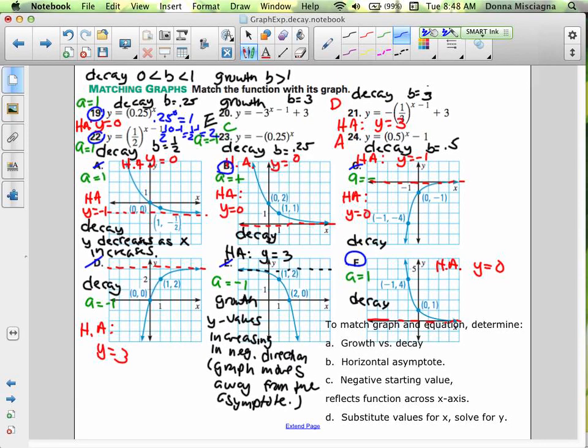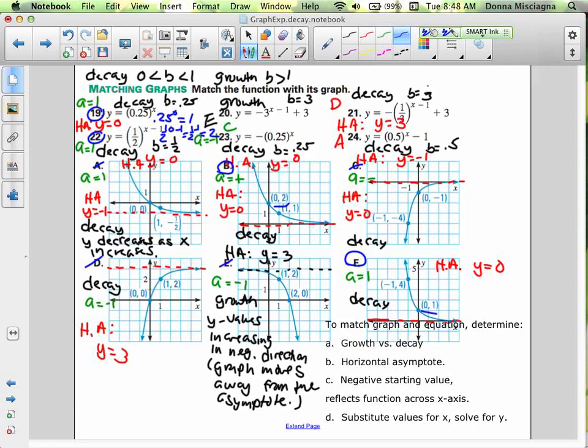All right, so this one has 0, 1 on it. Uh-oh. 0, 1 goes with this one, but this one has 0, 0. Did I plug into the wrong one? Oh, I'm looking at A, sorry. A's been crossed off. It's B I need to look at. So I don't care about 0, 0. 0, 2 and 0, 1.